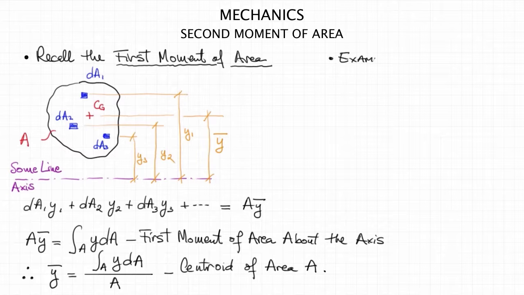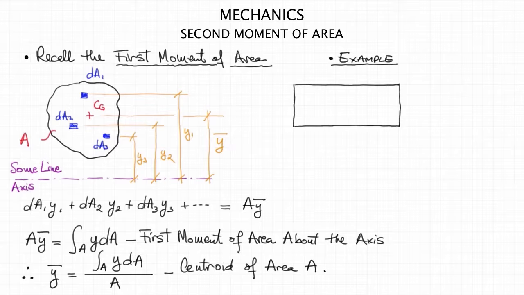So now we can apply this principle to an example and see how we can use this concept. So let's consider a rectangular area like so. The dimensions of this area are d in the vertical direction and b horizontally.